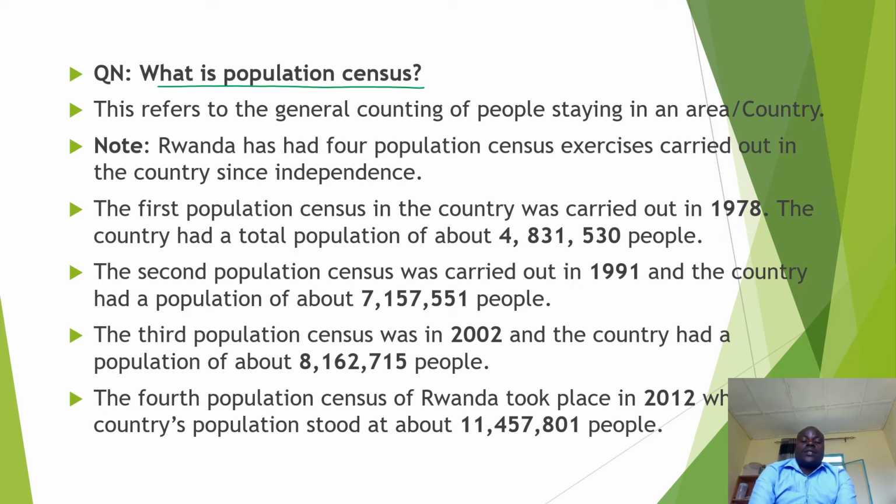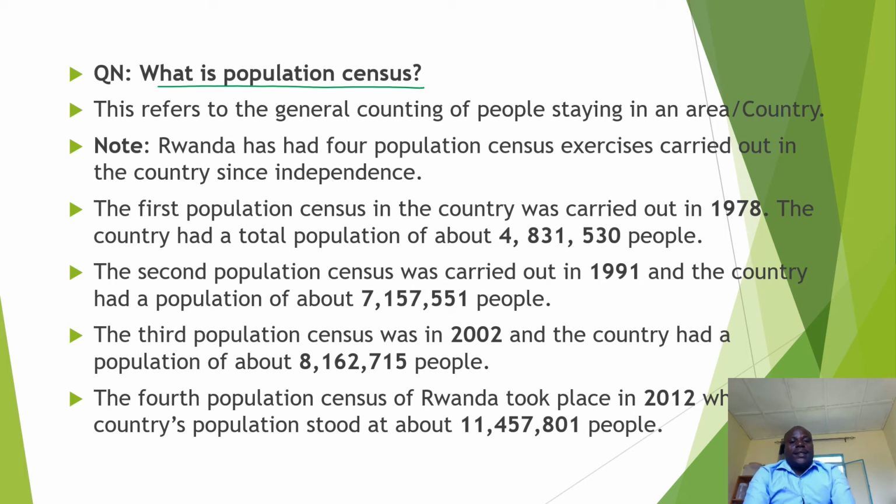The second population census was in 1991, where the numbers increased to 7.1 million people. Then in 2002, there was also a population census where the numbers increased to 8.1 million people.